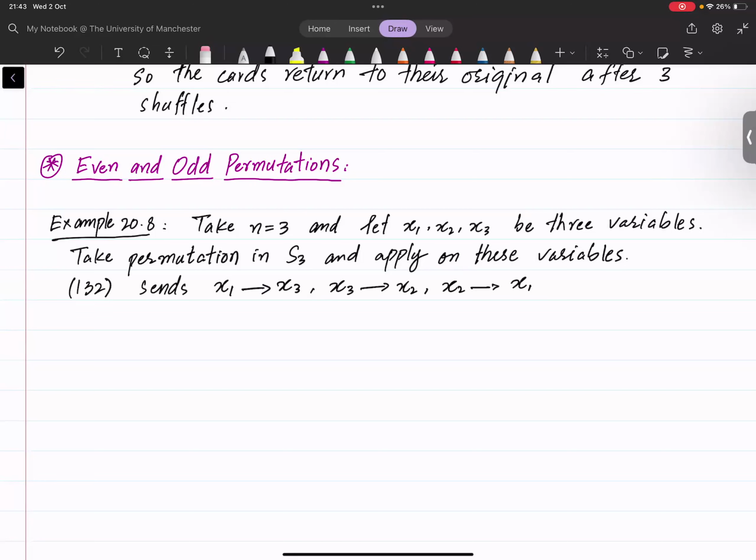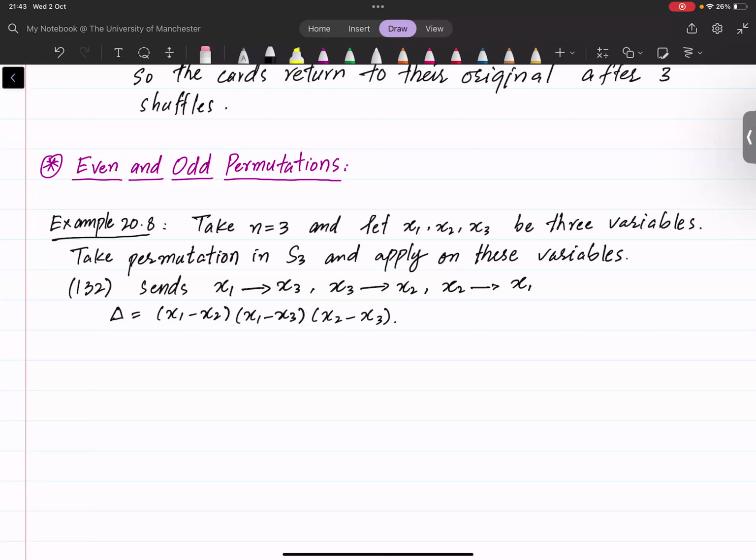Now define the expression. So let's take an expression delta, which is (x1 minus x2)(x1 minus x3)(x2 minus x3).